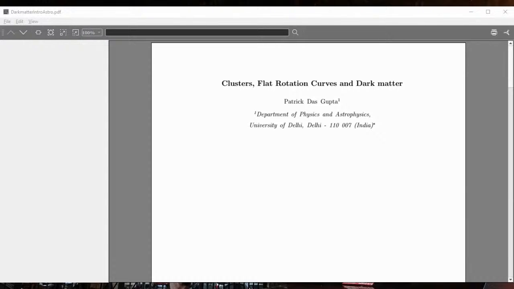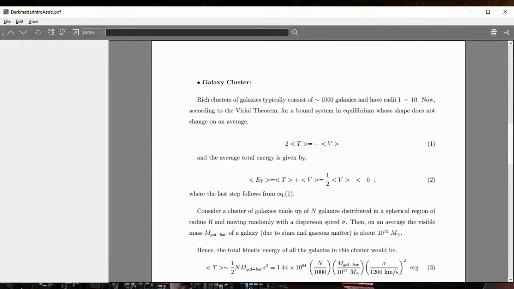Right. So we will now use very simple calculations to have concretely the idea of the presence of dark matter. Okay. Right. So typically, let's talk about the work which was done by Zwicky. Okay. So Zwicky analyzed a cluster called Coma Cluster.